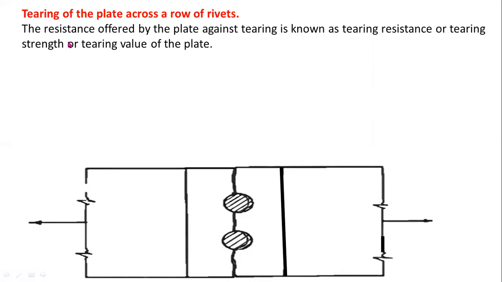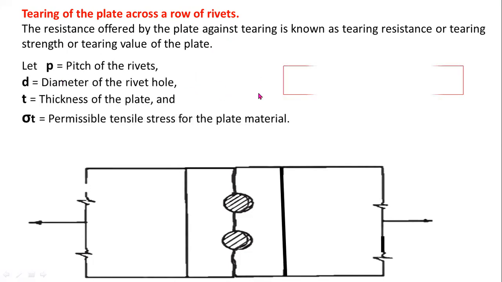for avoiding the tearing of the plate across the row of rivets, you have to provide proper tearing strength to avoid this failure. So this is the formula for tearing resistance or tearing strength.